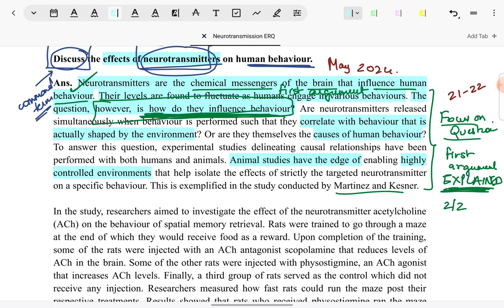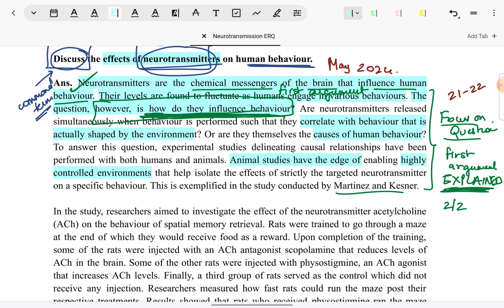Why am I making these points? Because one, they are connected to the argument I have made above, because they're talking about cause-effect relations. Secondly, because I'm going to follow up with an animal study which is going to highlight my argument further. One thing is, in your ERQ, just like your SAQ, you have to be consistently linking one point to the next. Nothing in your ERQ can be random or out of place.